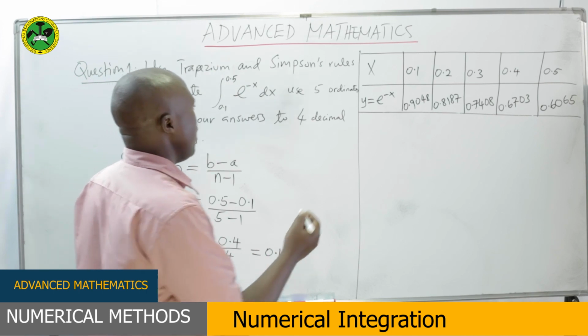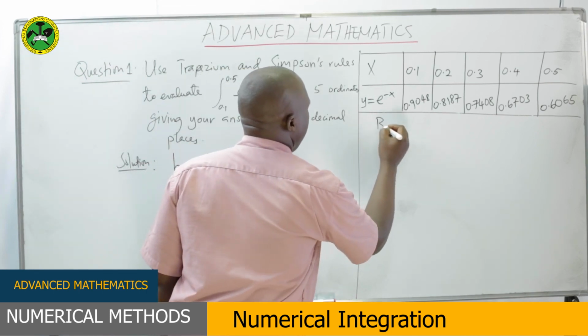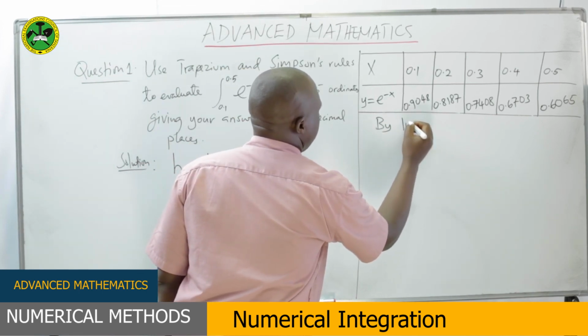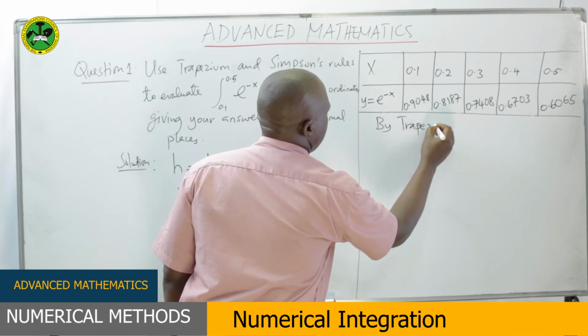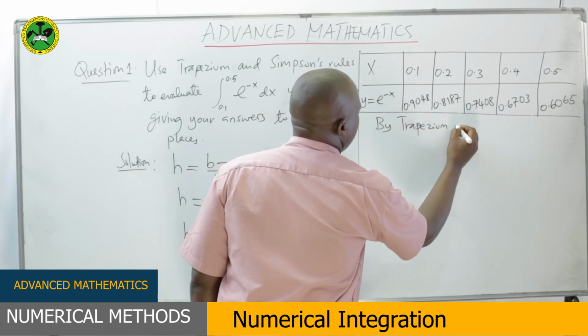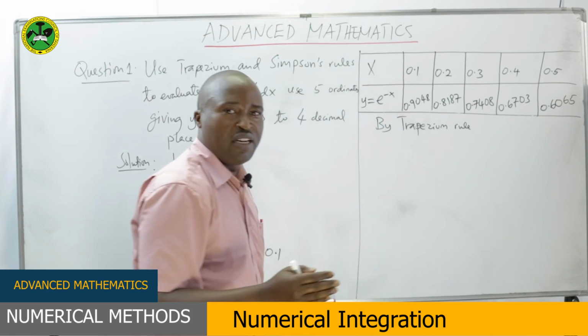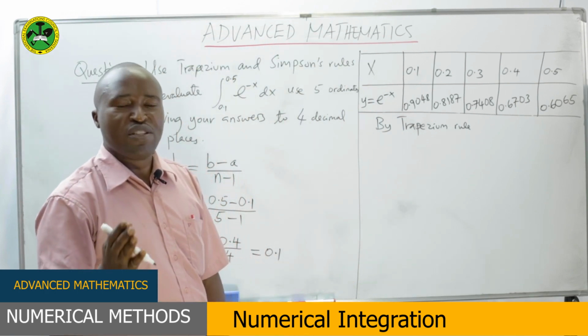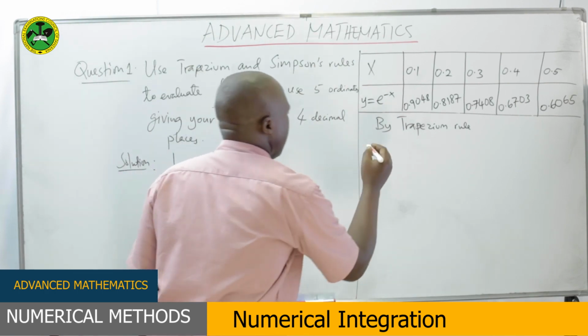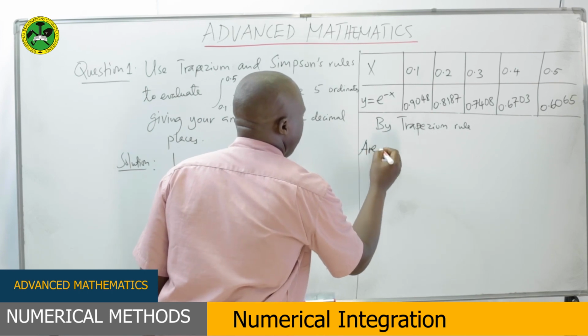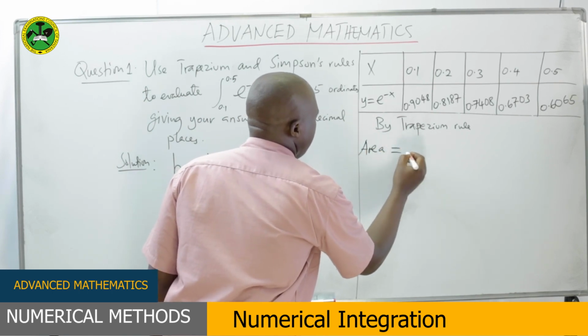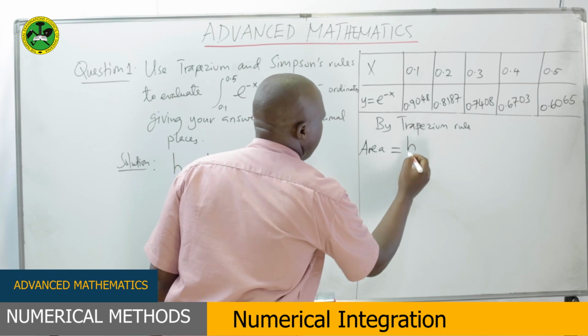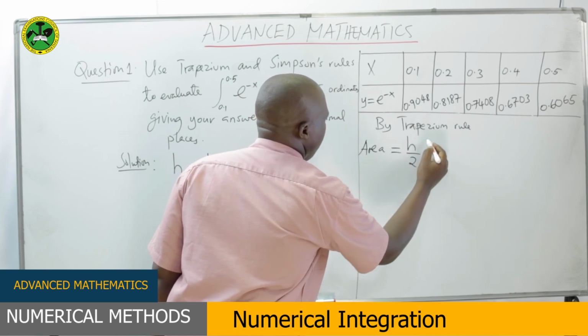So now it is time to apply the trapezoidal rule. Remember, trapezium rule is the same as trapezoidal rule. We say the area under the curve is equal to h over 2.